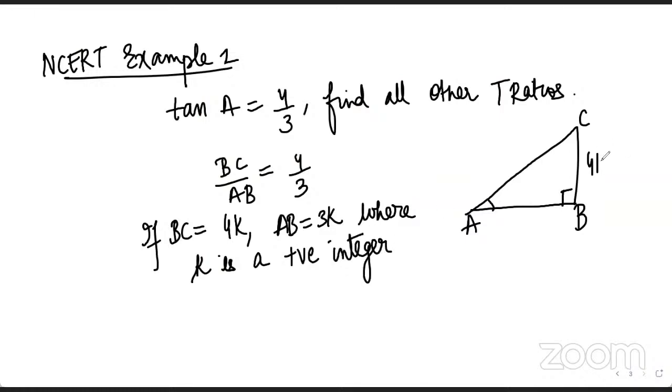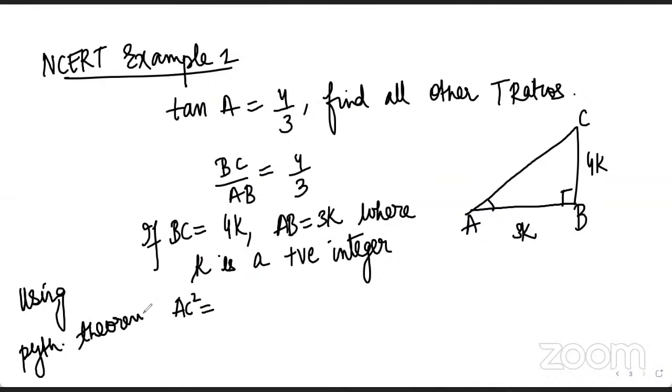Now BC is 4K, AB is 3K. To find the trigonometric ratios, my step would be to find AC. Using Pythagoras theorem, AC square is equal to AB square plus BC square.